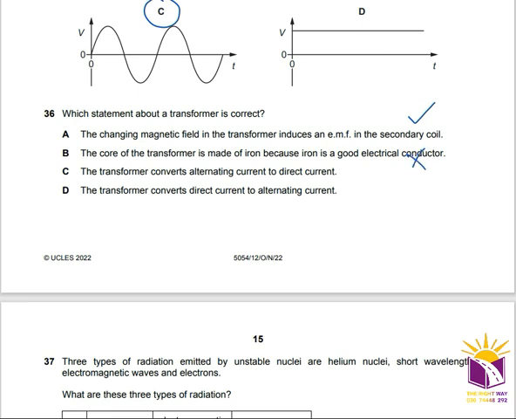No. The transformer converts alternating current to direct current? No, because a transformer is not going to convert alternating current to direct current. It just increases or decreases the value of voltage. The transformer converts direct current to alternating current? No. So A is the right option.